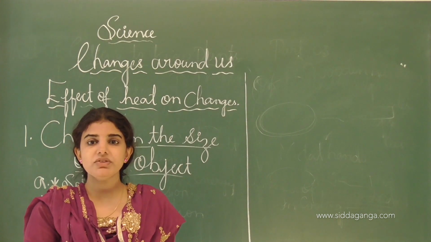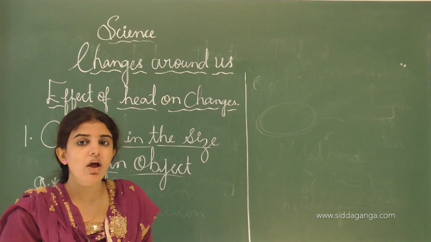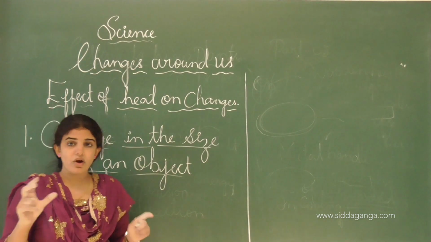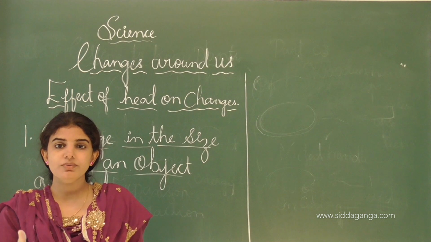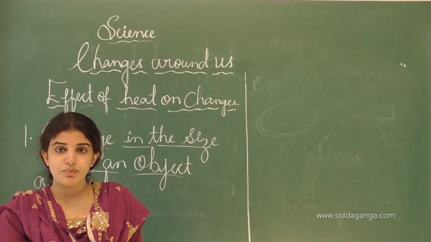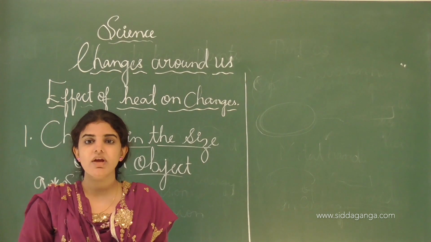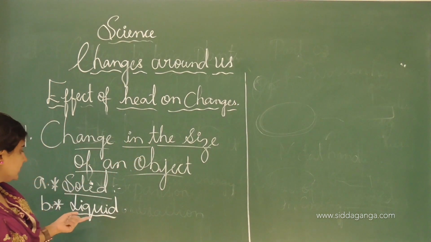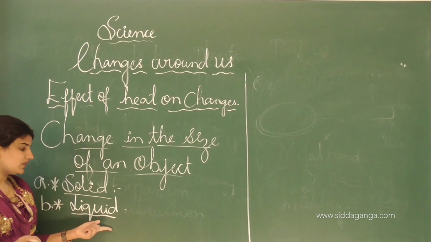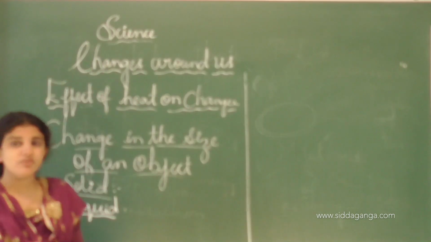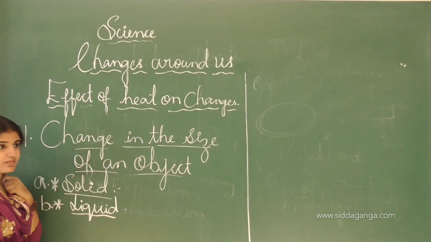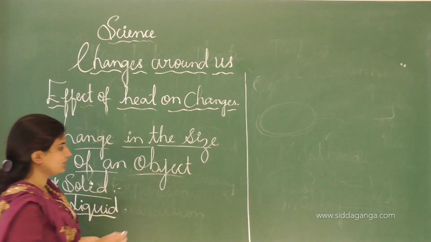So, this activity shows that on heating, the liquid molecules also expand, and on cooling the molecules come back to the same position or same level. This is how we can say that in liquids, contraction as well as expansion take place.